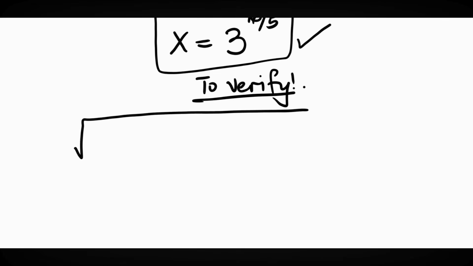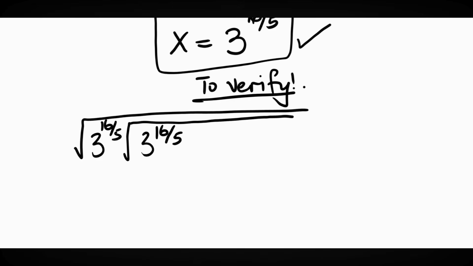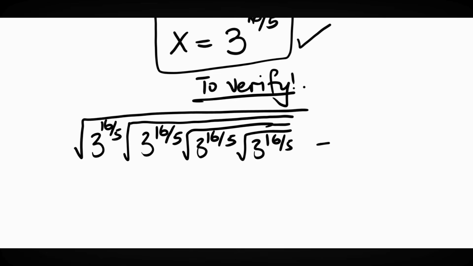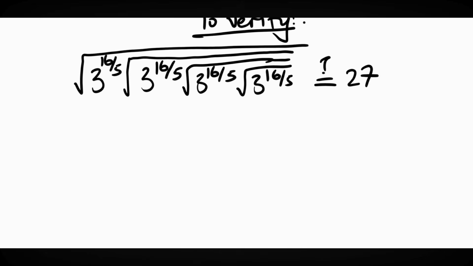So we have 3 raised to the power 16 over 5, root of 3 raised to the power 16 over 5, root of 3 raised to the power 16 over 5, and the root of 3 raised to the power 16 over 5. Let's see if the left-hand side is going to be equal to the right-hand side.